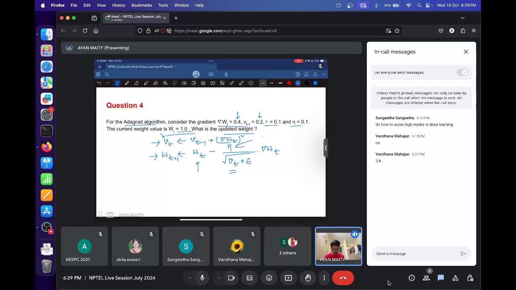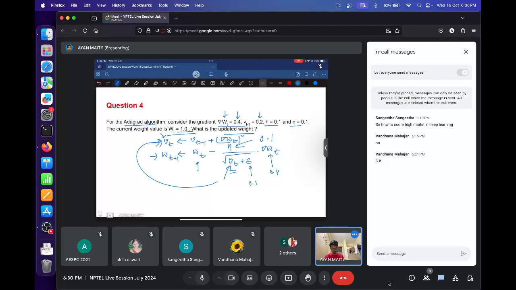Eta is also given as 0.1. This Vt comes from this expression, which we compute before the update rule, and epsilon is 0.1 and the gradient of W is 0.4. So all the values we already have, we just have to plug them into this expression. First we compute Vt from Vt minus 1, then we compute the updated Wt plus 1.